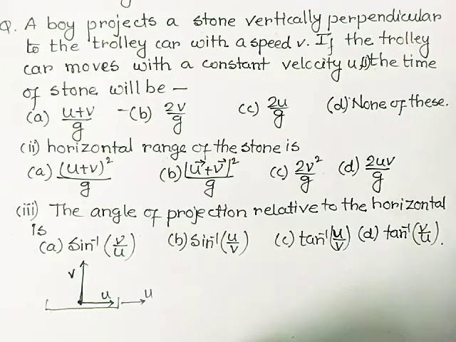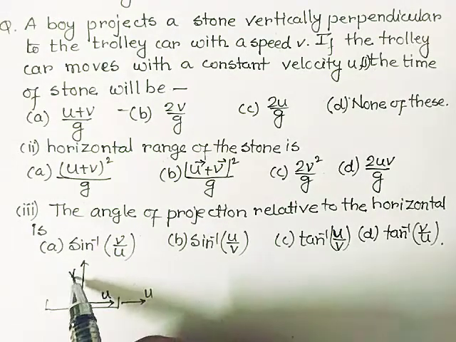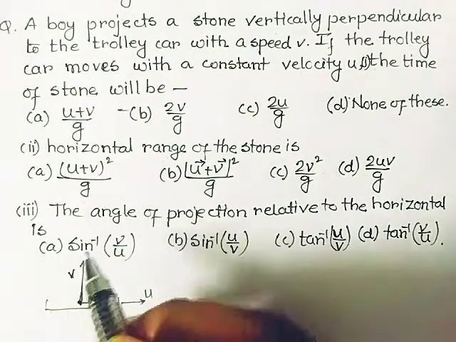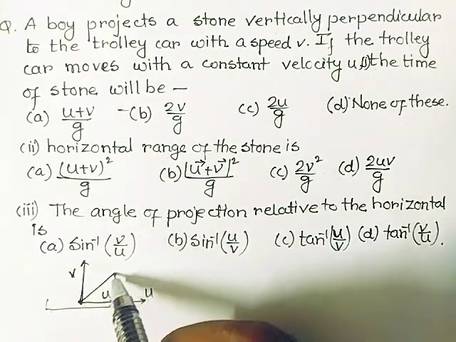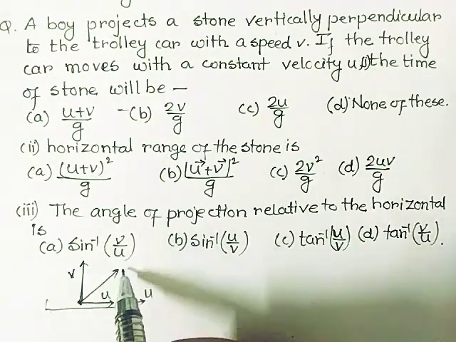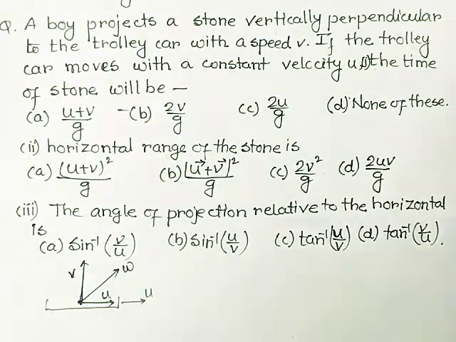So the question is, in which direction will the stone move? That we get from the vector resultant. If two vectors are acting on a particle simultaneously, then the resultant is somewhere here. Let us call it w.